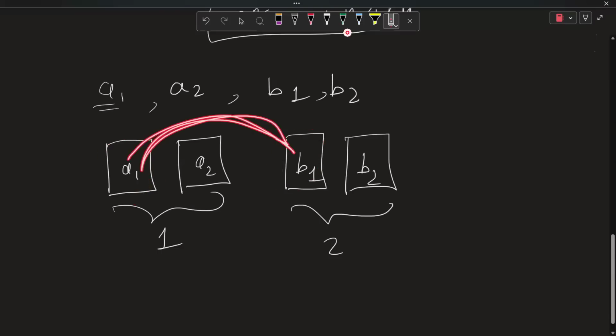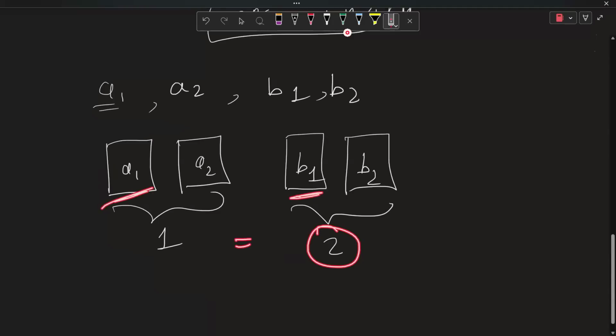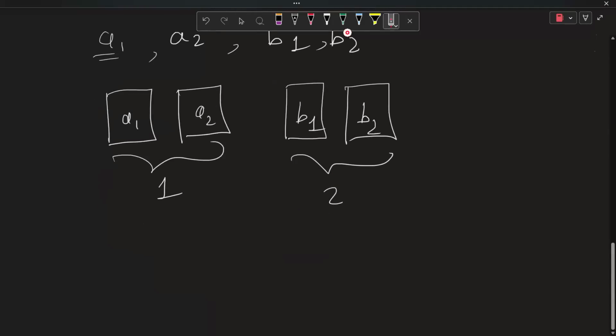When they turn them up, if A1 was greater than B1, if the value for the first player was greater than for the second player, then player one would win. If the value for the second player was greater, then player two would win. If the values on both cards are the same, then it would be a tie, and none of the players would receive a point. Whichever player wins would receive a point.